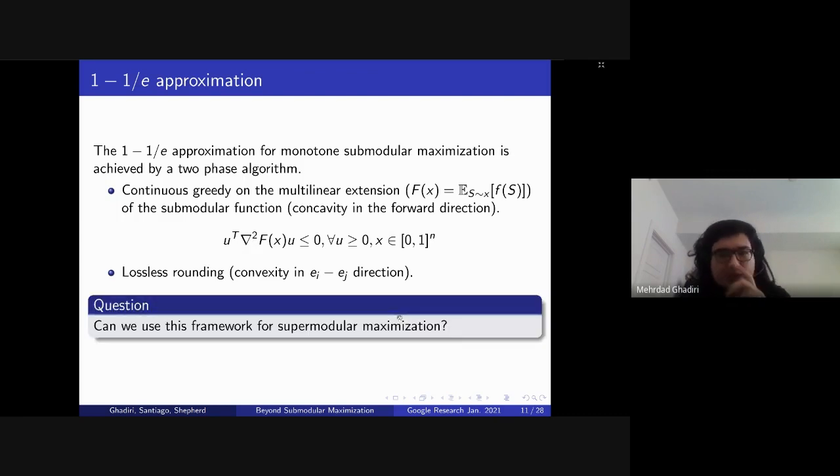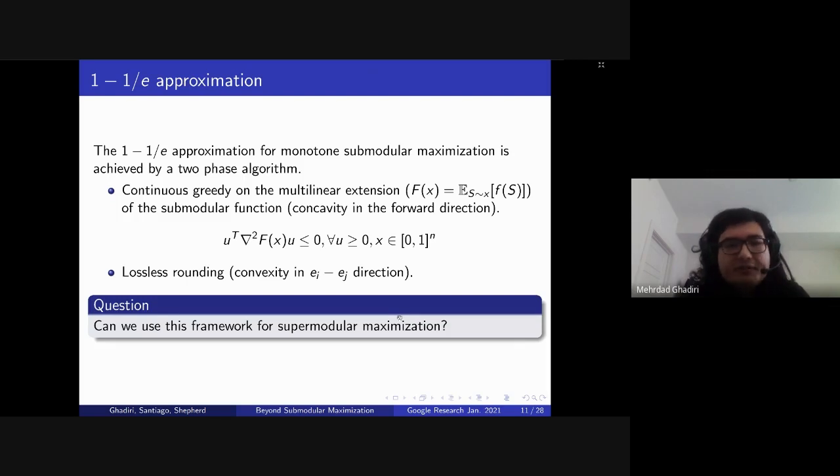So now the question is, can we use this framework for supermodular maximization or non-submodular maximization? At first look, it might seem that no, because we have this specific convexity and concavity in specific directions. So it might seem that we cannot use this for general functions.